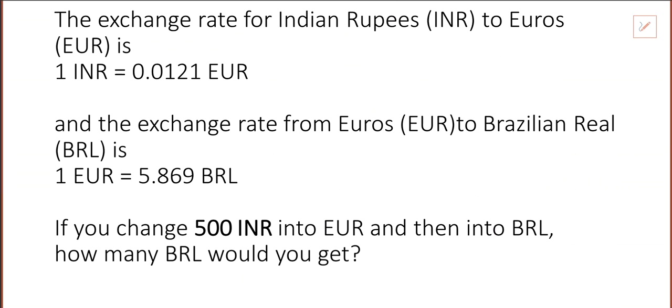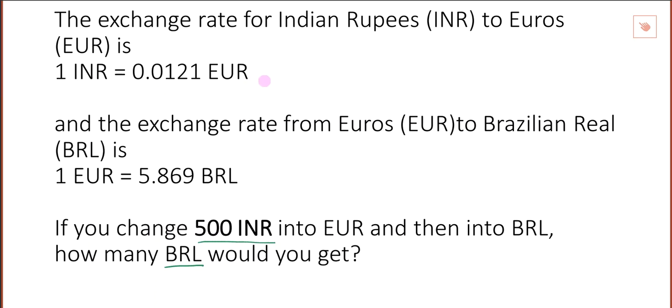Big question here. We're going from Indian rupees all the way to Brazilian real, via euros. So I know that I've got to convert to euros and then euros to real, not straight from rupees to the Brazilian real.